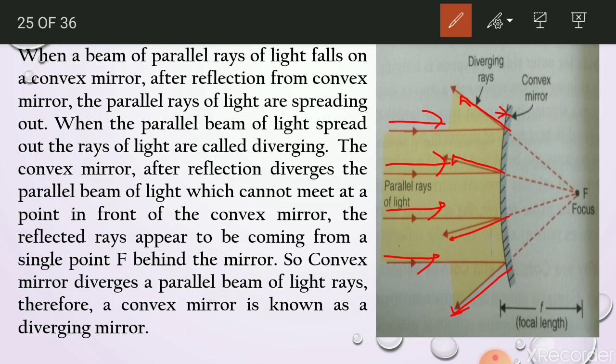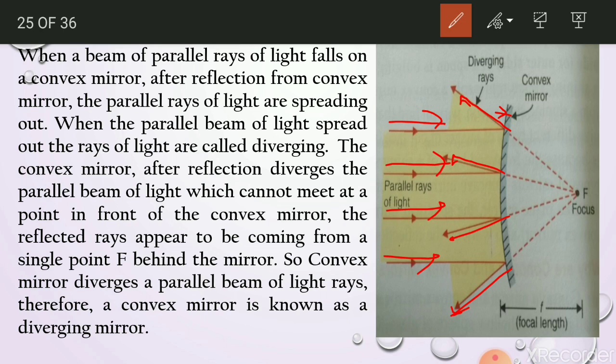So the convex mirror, after reflection, diverges the parallel beam of light, which cannot meet at a point in front of the convex mirror. So you can see these diverged light rays at the front part of the mirror will never meet. It is supposed that they will meet at infinity. So in front of the mirror, they will never meet.